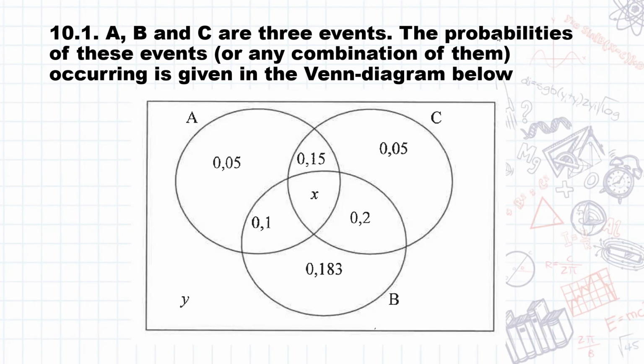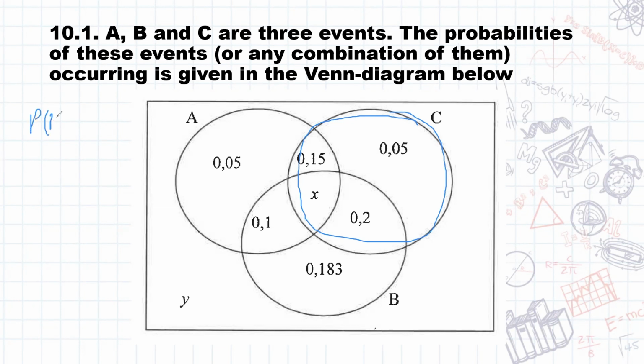Now the probability of C is to add up all of these events here. So we'll have 0.05 plus 0.15 plus 0.16, which is the x that we found, plus 0.2, and that gives us 0.56. So let me just do this side.